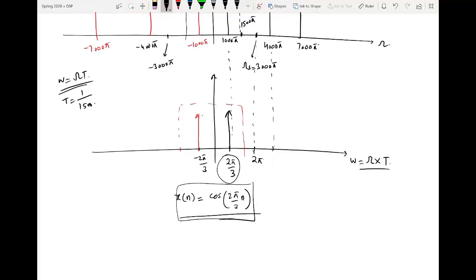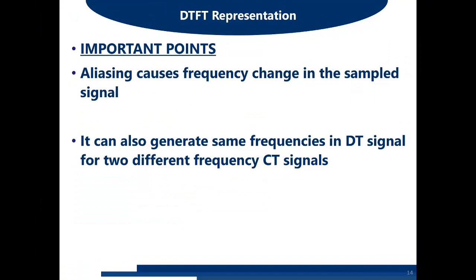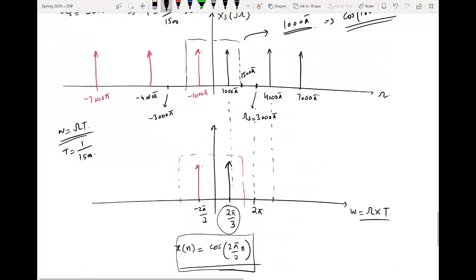So this is the second problem. You can summarize these two points like this: number one, aliasing causes a frequency change in the sampled signal, and number two, it also generates the same frequencies in the discrete time signal for two different frequency continuous time signals. Those are the two problems that aliasing causes.